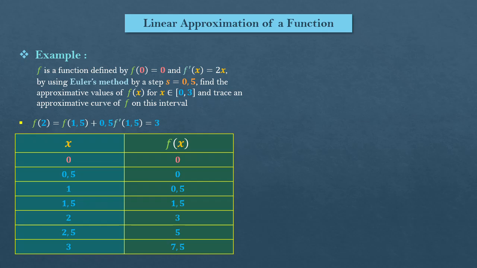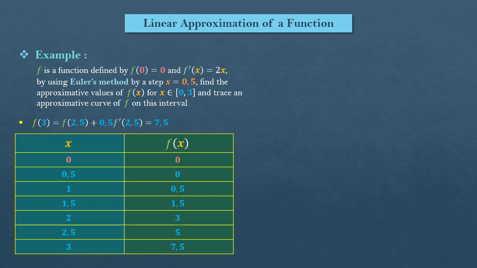After that, as f of 2 equals f of 1.5 plus 0.5 times f prime of 1.5, we find that the image of the abscissa 2 by the function f equals 3. Then, as f of 2.5 equals f of 2 plus 0.5 times f prime of 2, we find that the image of the abscissa 2.5 by the function f equals 5.